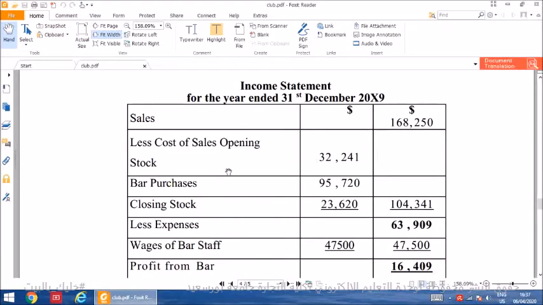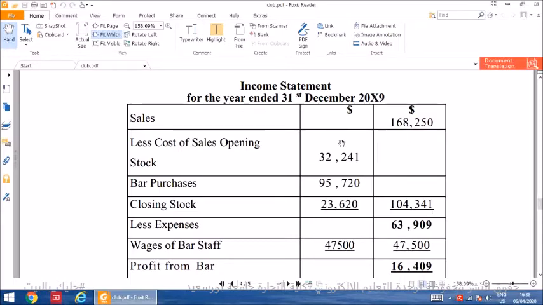Sales, less cost of sales: opening stock, adding bar purchases, less closing stock, cost of sales 104,341.